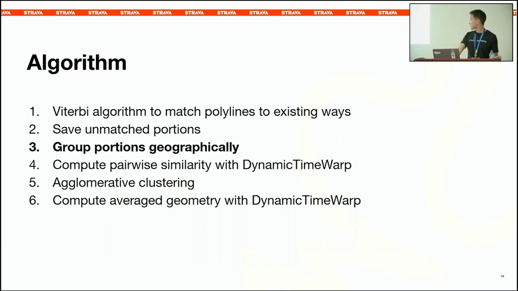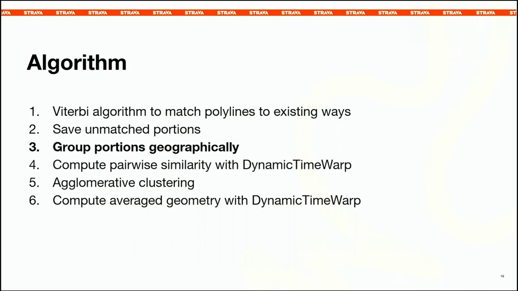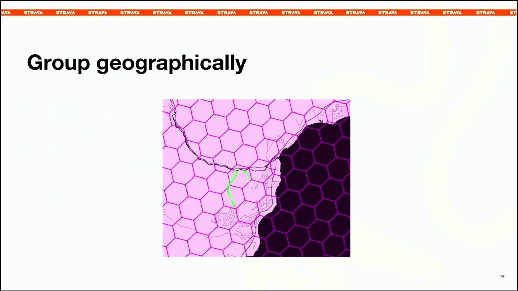So the next step, we group these portions geographically. It's a matter of geo-indexing the line, which allows segments to be computed together for a clustering step. And visually, that looks something like this. We use H3 cells. If you're not familiar with H3, it's basically a hexagonal index of the world.